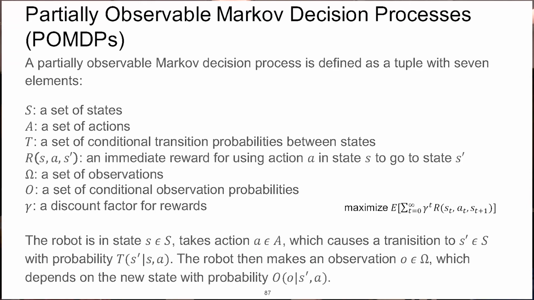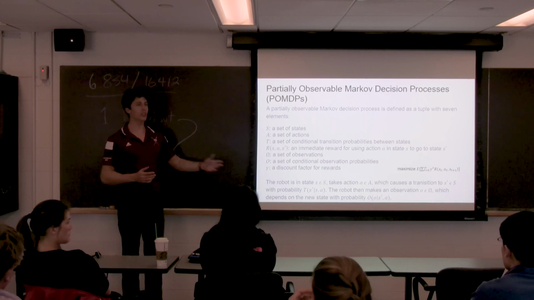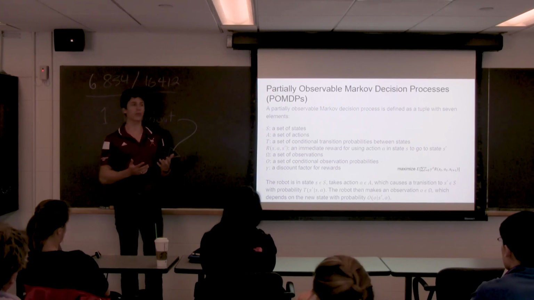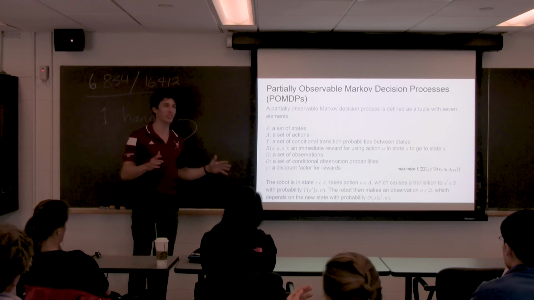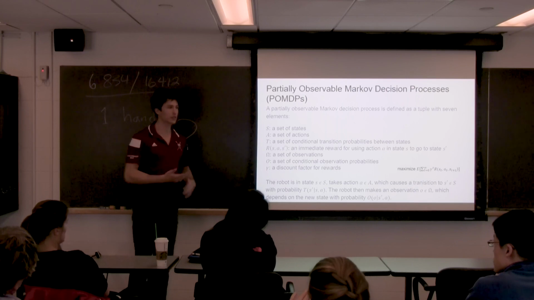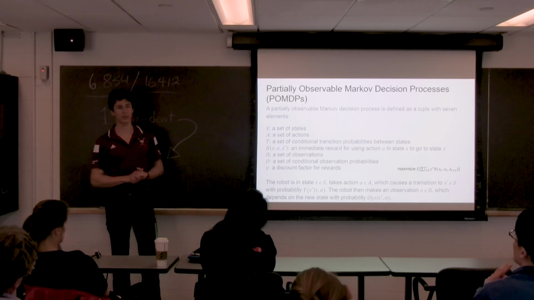But this time, observations aren't guaranteed to resolve all our uncertainty. The observation is probabilistic, based on our current state and the action we just took. And obviously it depends on your current state, because if you're 1 foot away from a wall, hopefully you'll get a different characterization of observations than if you're 20 feet away. Otherwise, your sensor is totally useless.